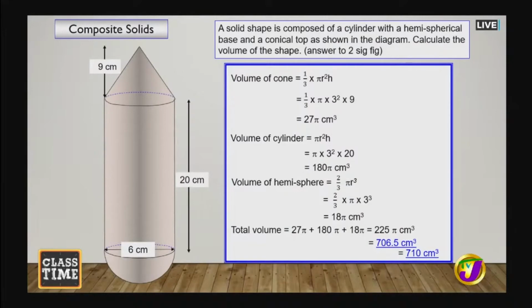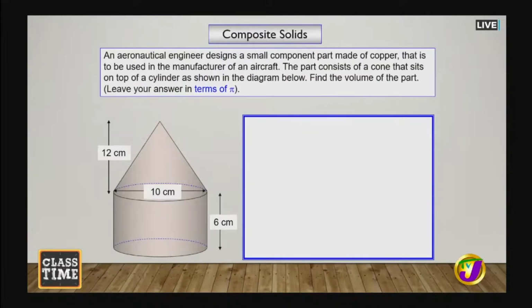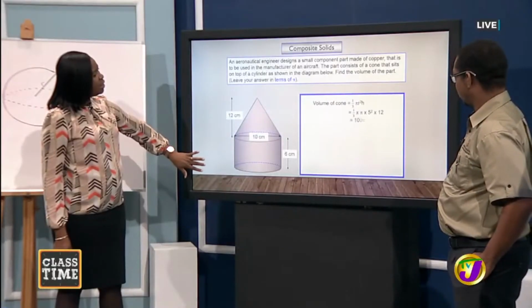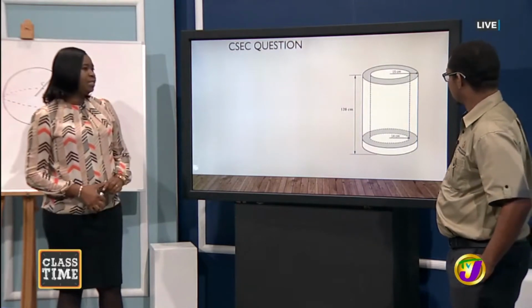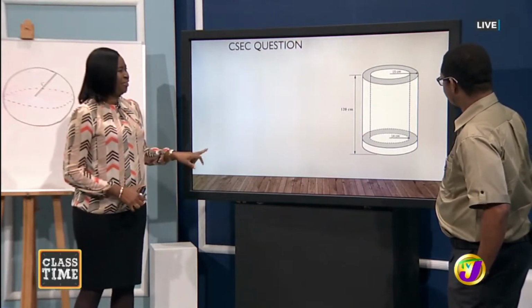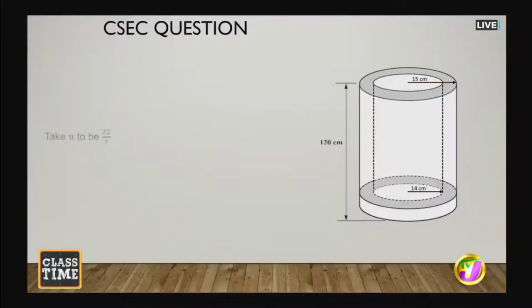Good. Another example. By now we would know exactly what to do with this one. So let's look at another one that's a little bit different. Here, a CSEC question. Wow, this is interesting. So let's see what the question says.